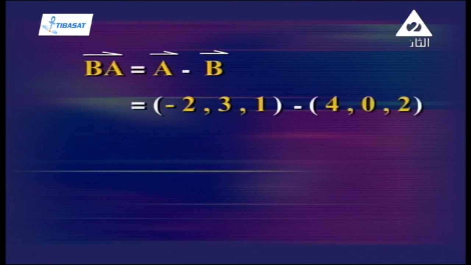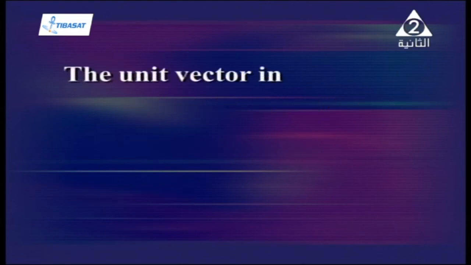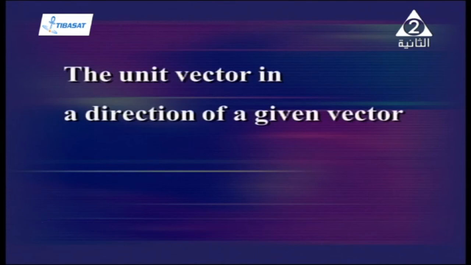But the BA vector means A minus B: (-2, 3, 1) minus (4, 0, 2) equals (-6, 3, -1). Then we deduce that the AB vector does not equal the BA vector. But the norm of vector AB equals the norm of vector BA.